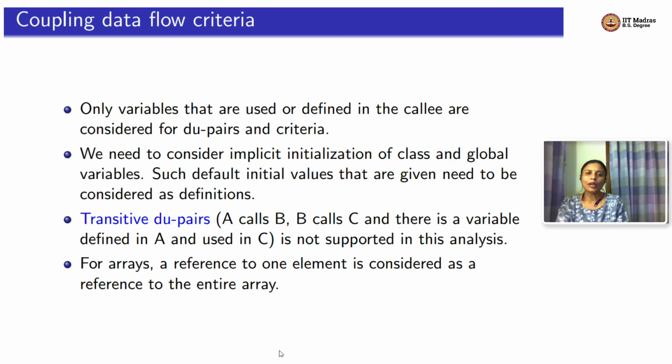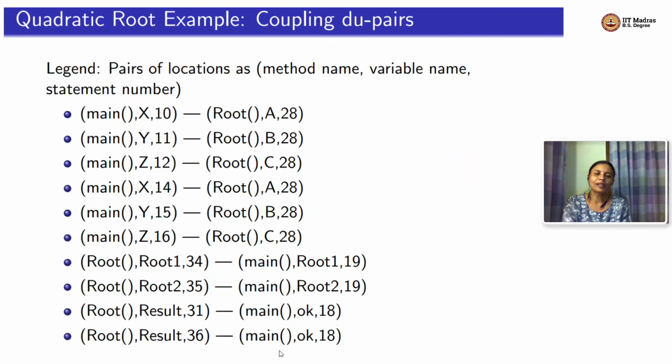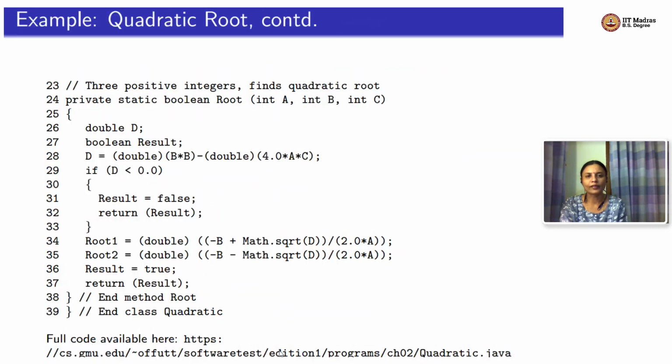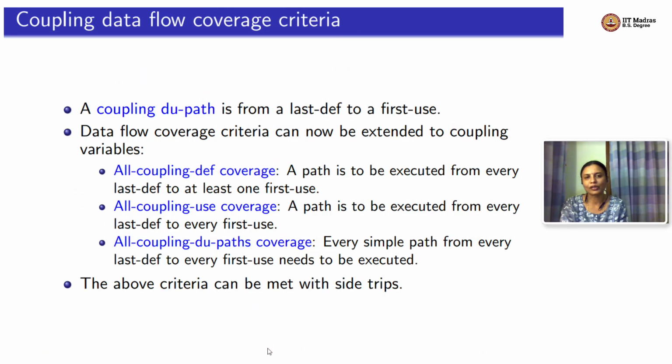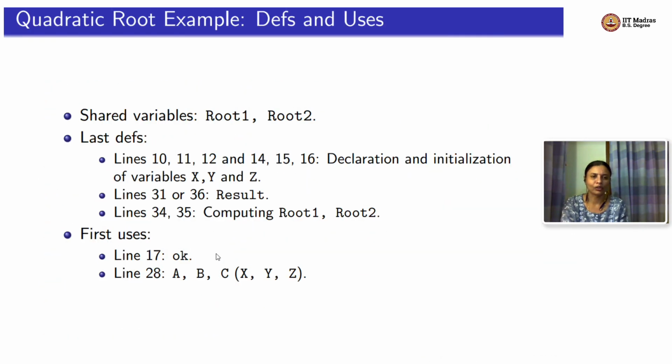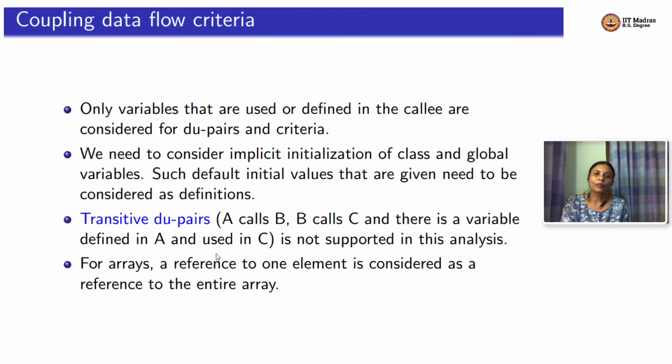Now, coupling data flow criteria, this is just about it, and you could define all the criteria we saw, all defs, all uses, and all DU paths criteria, on this. Now, just a small set of notes before we wind up. Variables that are used or defined in the callee are considered for DU pairs and criteria.